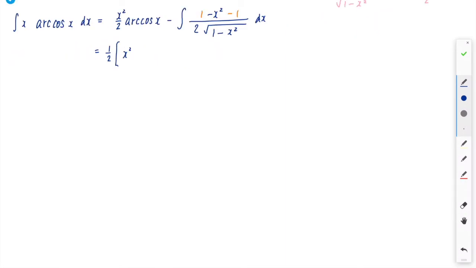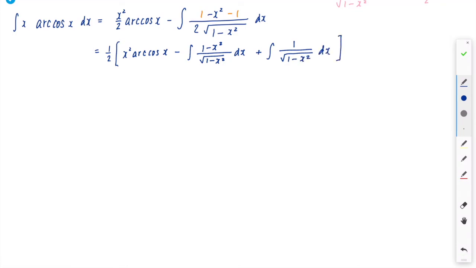So I have x squared arc cos x minus the integral of 1 minus x squared over the square root of 1 minus x squared dx, and then plus the integral of 1 over the square root of 1 minus x squared dx.